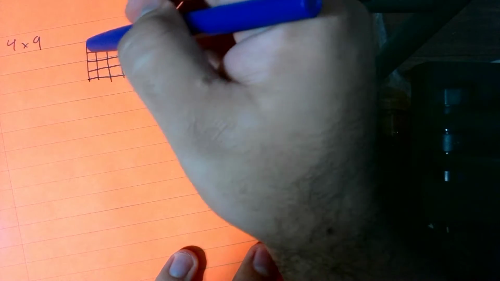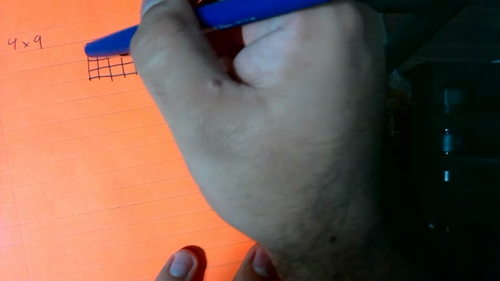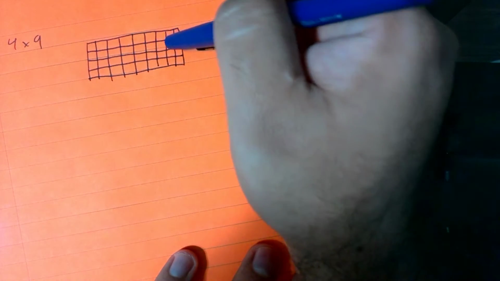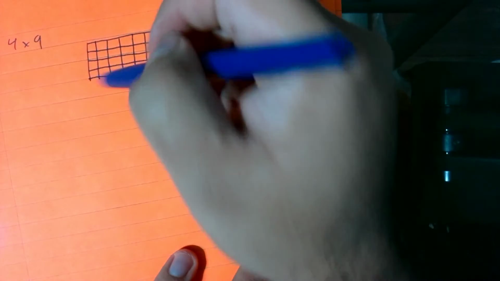And now we get 4 times 9. 1, 2, 3, 4. There are 36 total squares, so we know 4 times 9 is 36, right? That's one way you could do it.